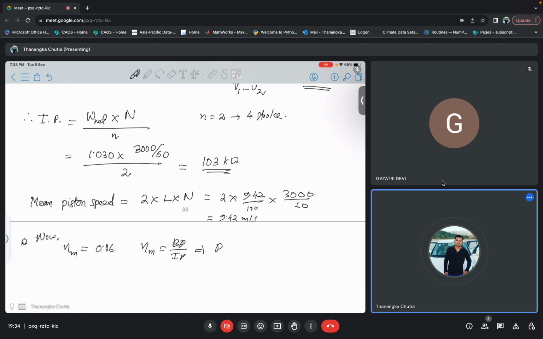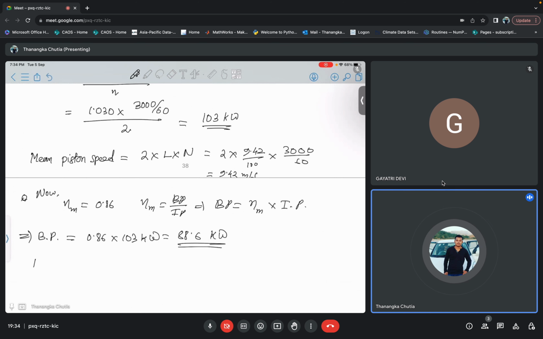So from here, brake power is equal to eta mechanical into indicated power. So brake power is equal to 0.86 times 103 kilowatt, which will be equal to 88.6 kilowatt.